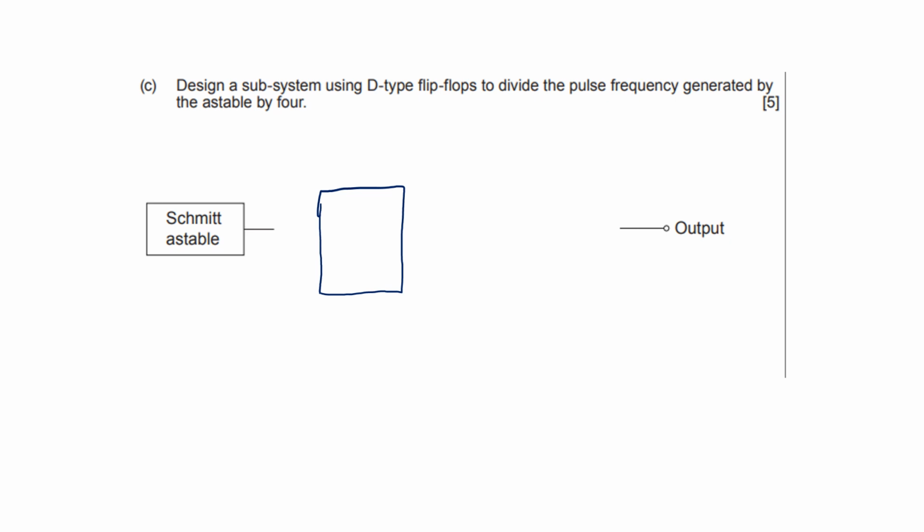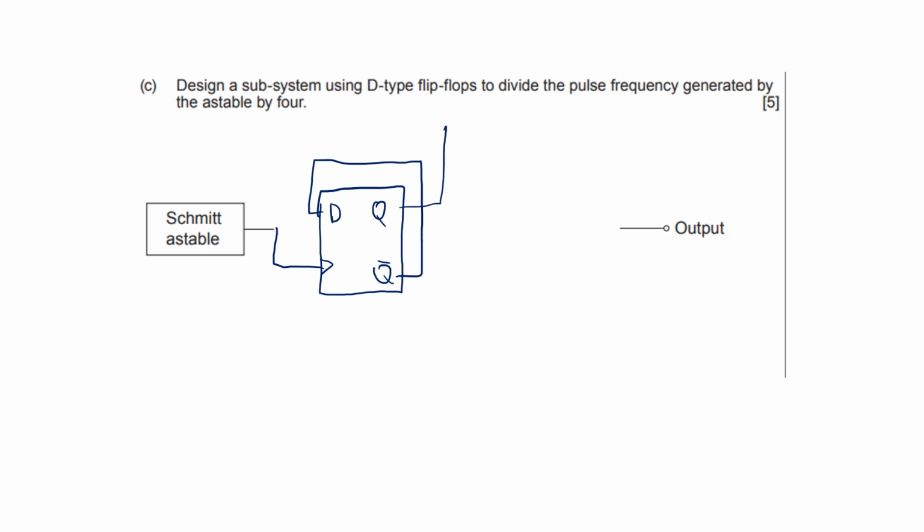So D, clock, Q, not Q. How do you design one of these? So easy. D loops round to not Q, doesn't it? Think about it, guys. If D linked round to Q and whatever's at D goes through to Q on the rising edge, you'd never flip. It would always stay at a 1 or always a 0. So just think about it logically, guys. So that's that one.